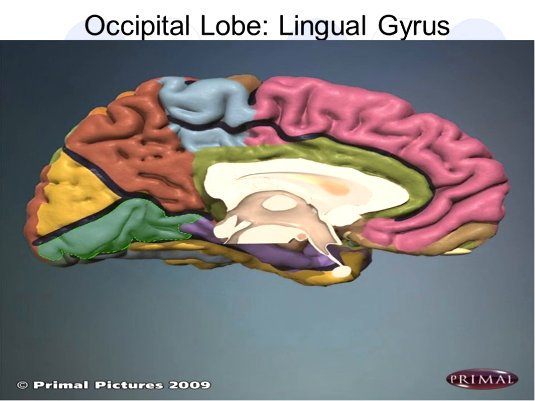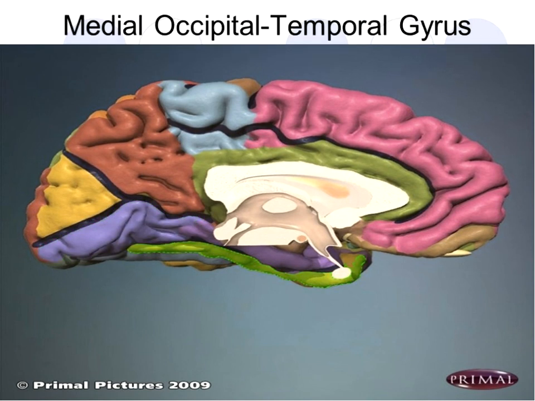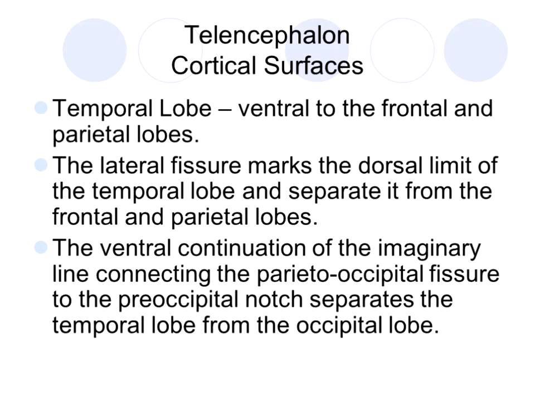Here is the lingual gyrus here. And here is the medial occipital temporal gyrus here. And then last but not least, we have the temporal lobe.